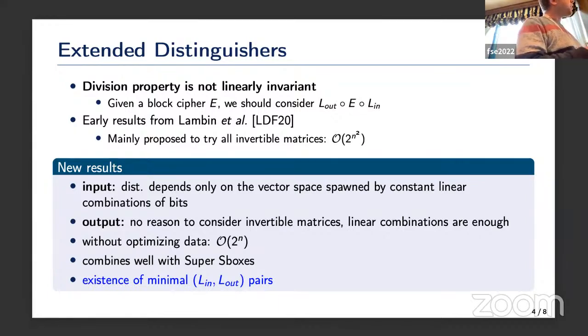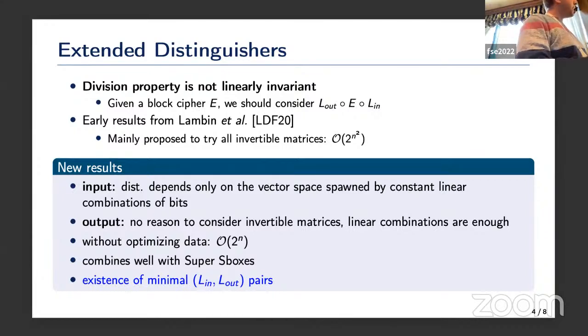But in this work, we found that we can reduce the number of possibilities of linear mappings to try. Basically, if you don't want to reduce the data complexity of the integral distinguisher, you only have 2 to the n linear mappings to try in front of the cipher and 2 to the n linear mappings to try at the end of the cipher.